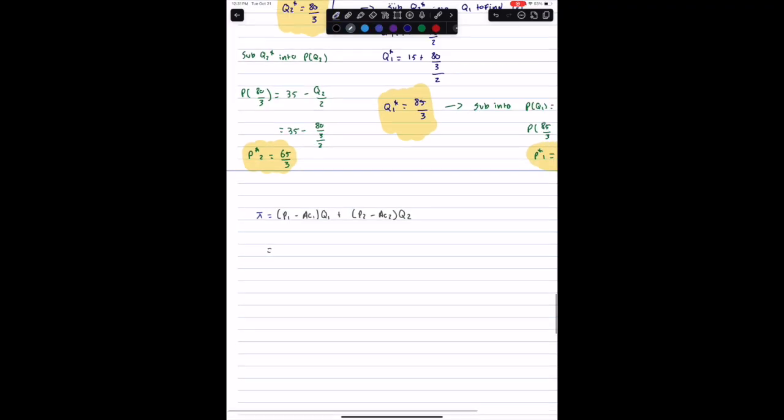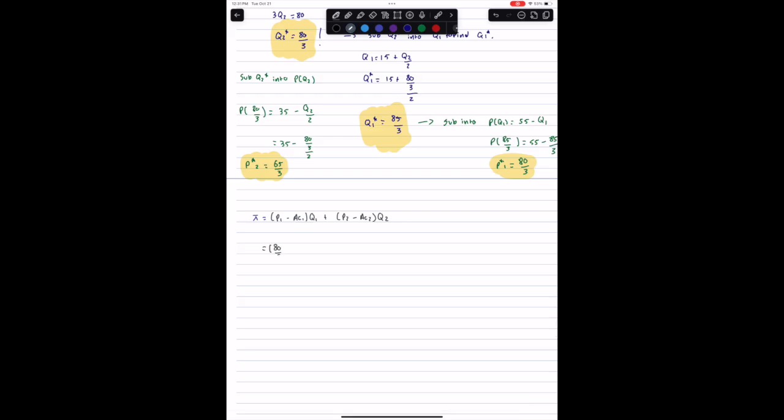Profit is going to be equal to 80 over 3 minus 5 times 85 over 3 plus 65 over 3 minus 5 times 80 over 3.